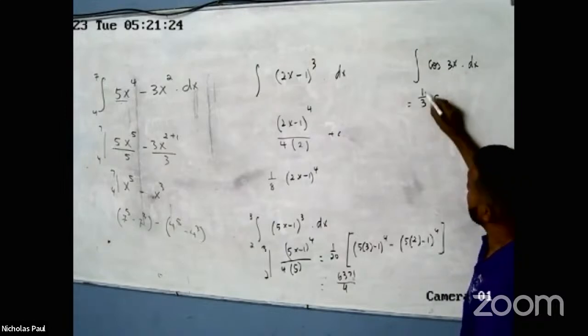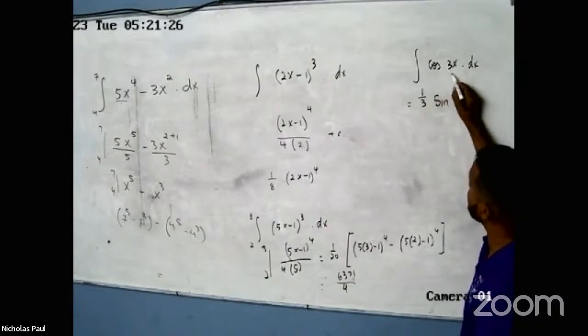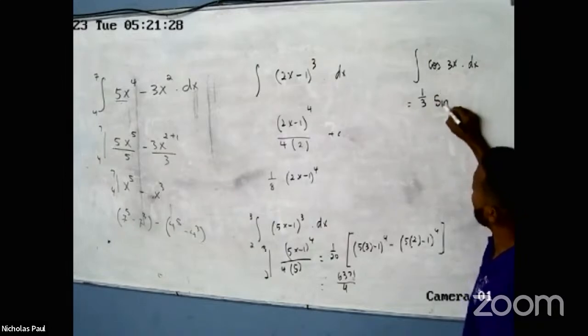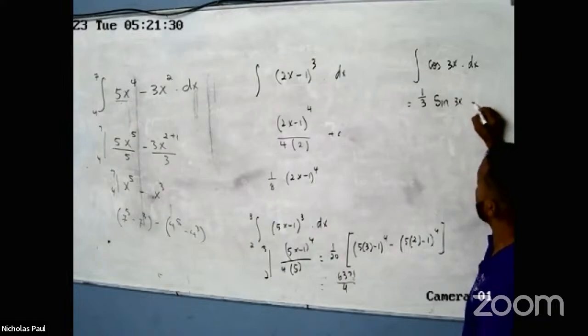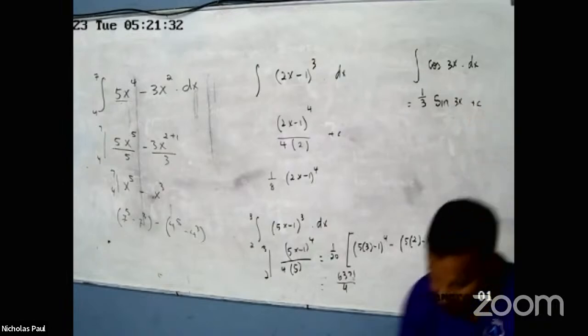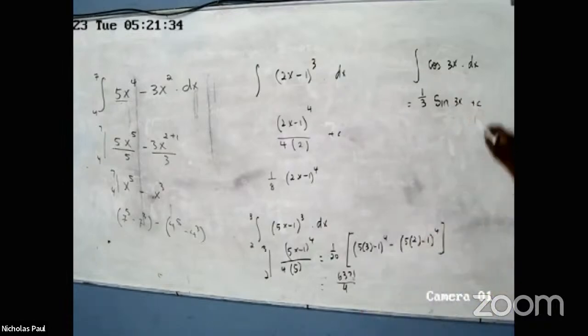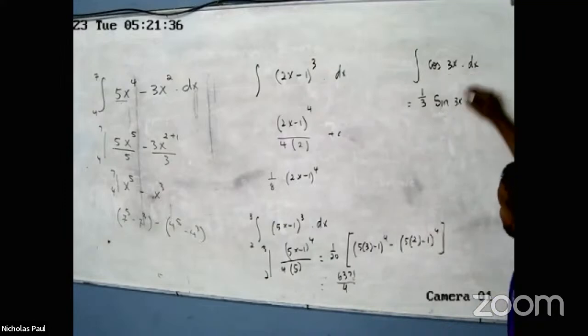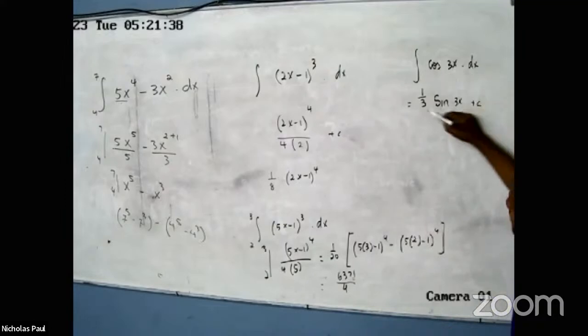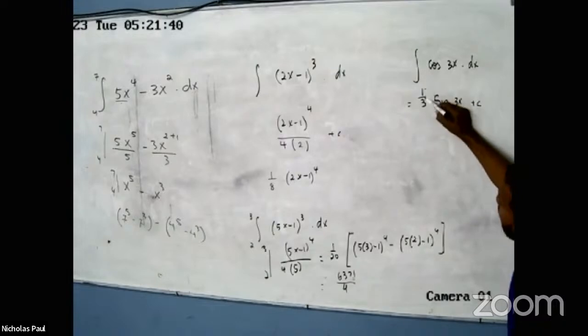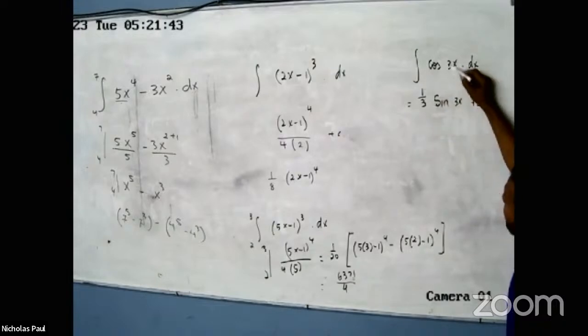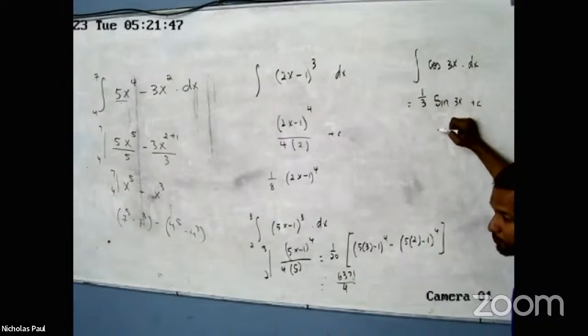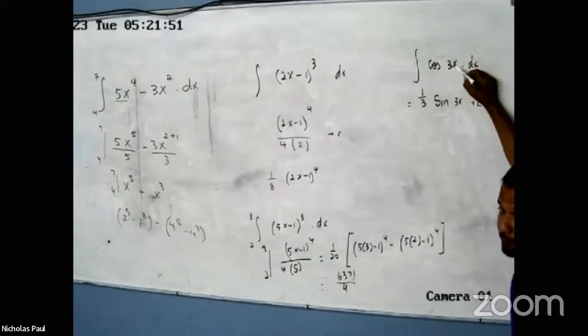So it's 1 over the differential of 3x by the integral of sine, and then you write back 3x. Listen again. The integral of cos is sine, write back 3x. But you still have to work out this part here. It's 1 over the differential of this here, so 1 over the differential of 3x, which is 3.